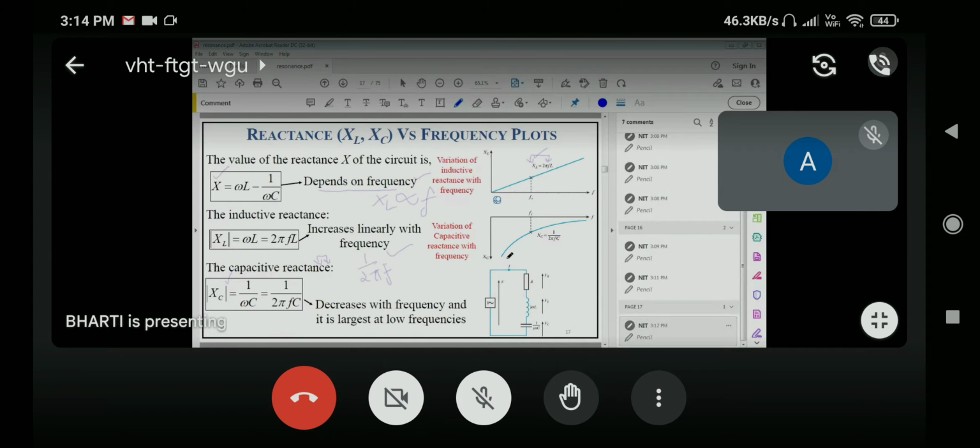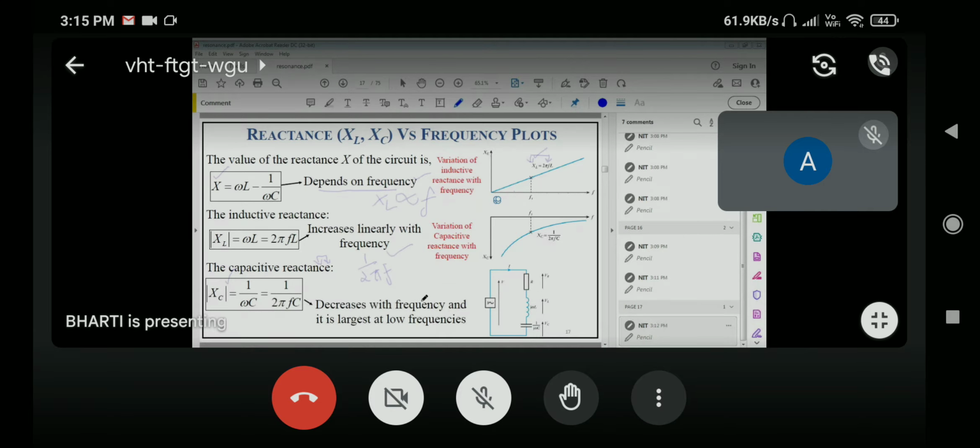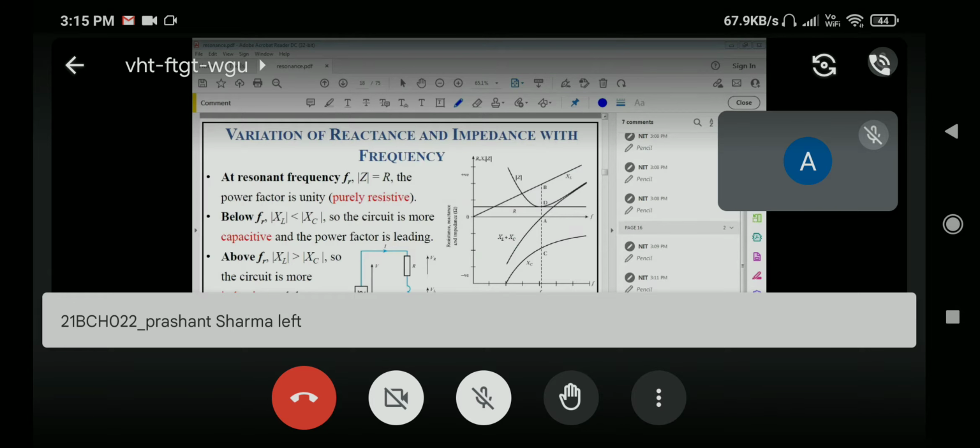It decreases with frequency and is largest at lower values of frequency. So these two things you need to remember in case of the reactance of the circuits.